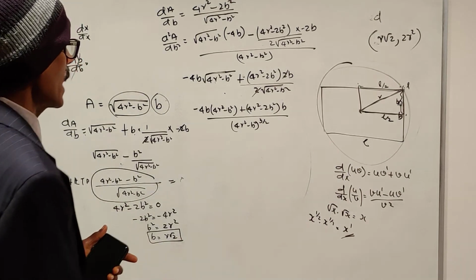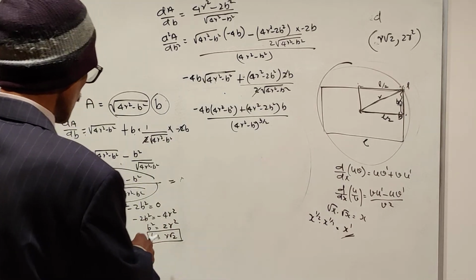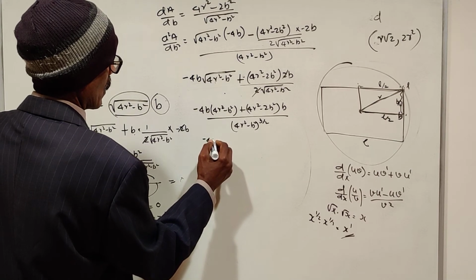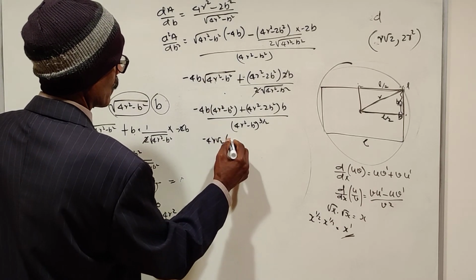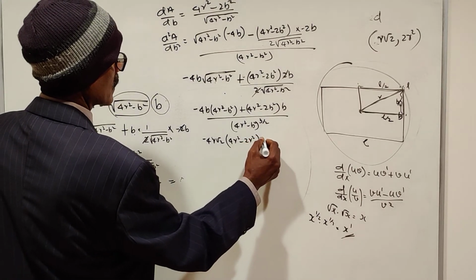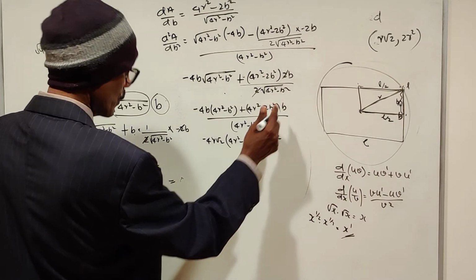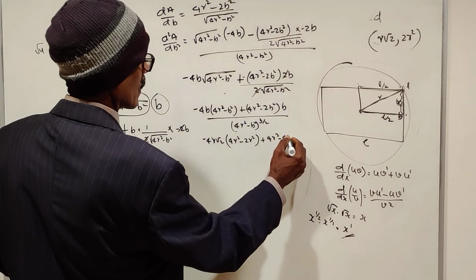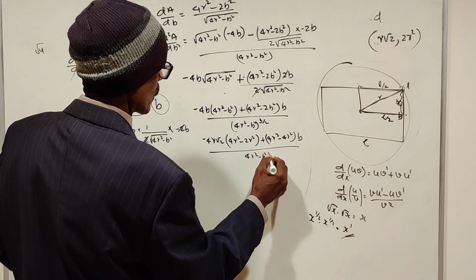Okay, we need to show that. You don't need to calculate everything. B is R root 2. Just substitute that here. Minus 4 R root 2, then 4R square minus B square is 2R square, plus 4R square minus 2B square. 2B square is 4R square, into B by 4R square minus B square the whole raised to 3 by 2.